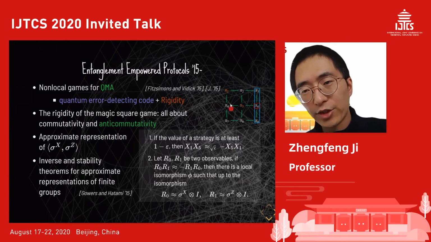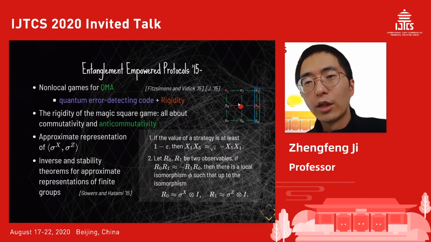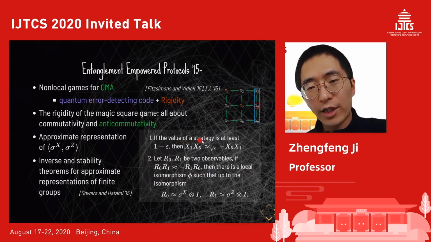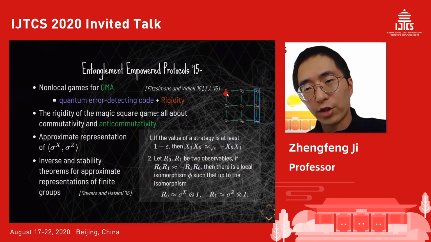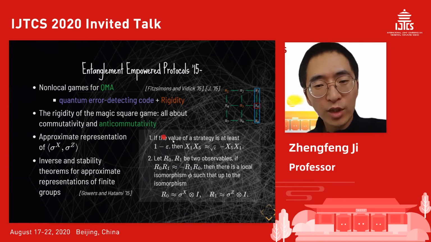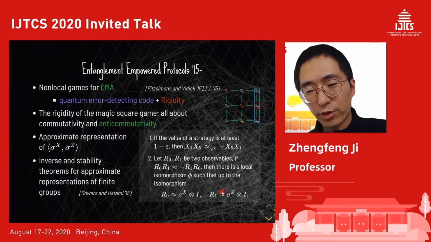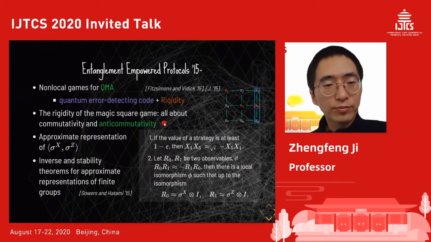They are exactly anti-commuting in the value 1 strategy of the Magic Square game. But even if you only have an almost optimal strategy, you get a structural result of anti-commutativity between these observables.